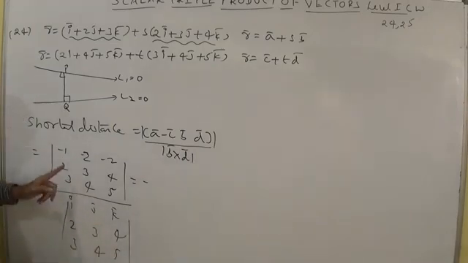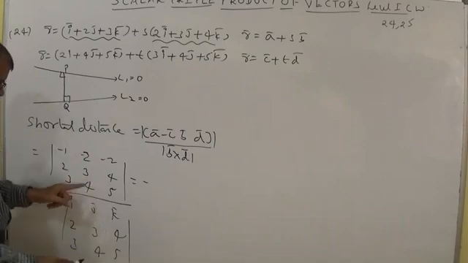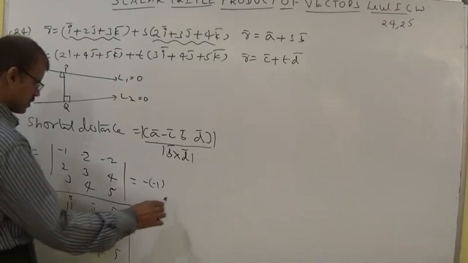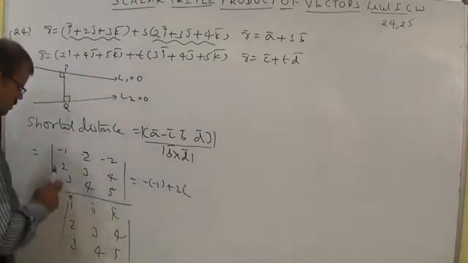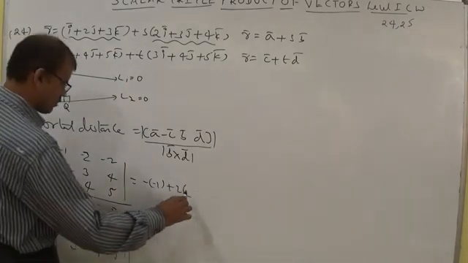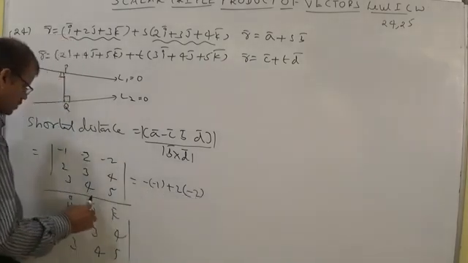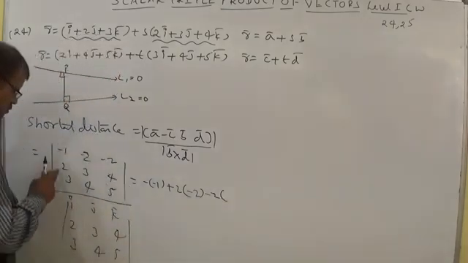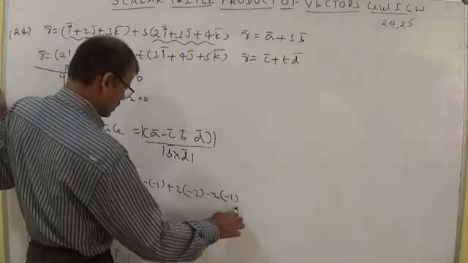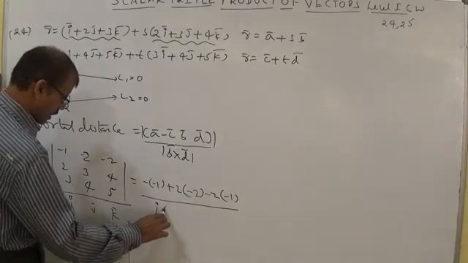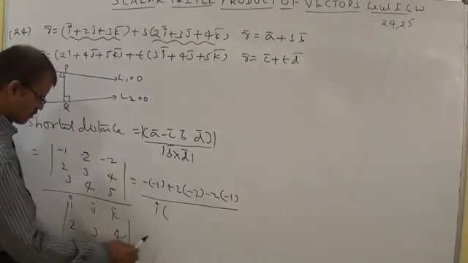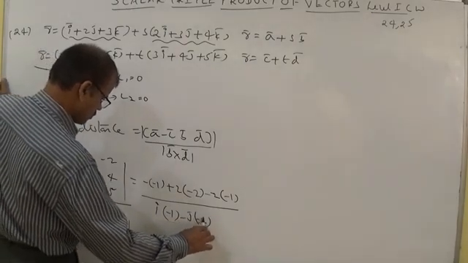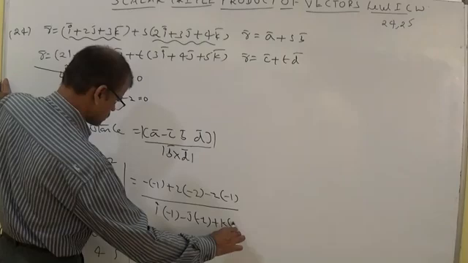Using the determinant, we calculate: i into (3 fives are 15 minus 16, which is minus 1), minus j into (2 fives are 10 minus 12, which is minus 2), plus k into (2 fours are 8 minus 9, which is minus 1).